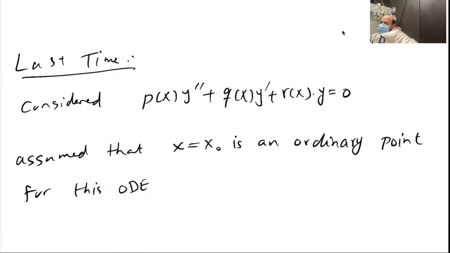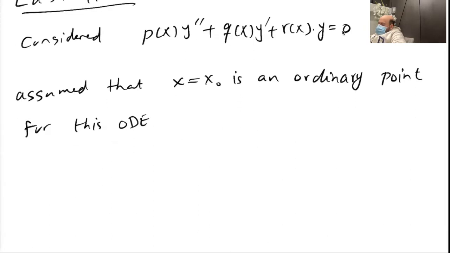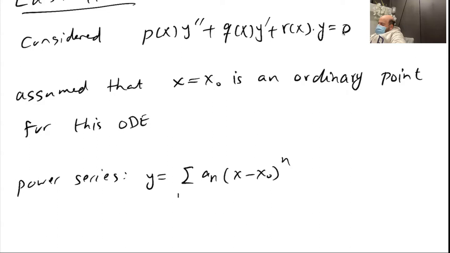Then as a solution for this ODE, we considered a power series of the form y equals sigma an times x minus x0 to power n, from 0 to infinity.